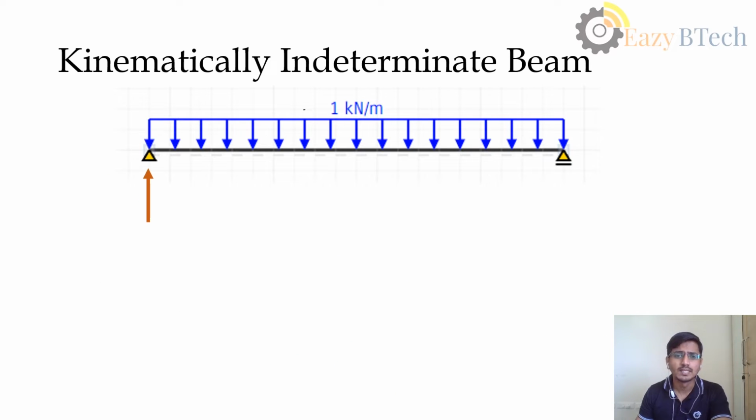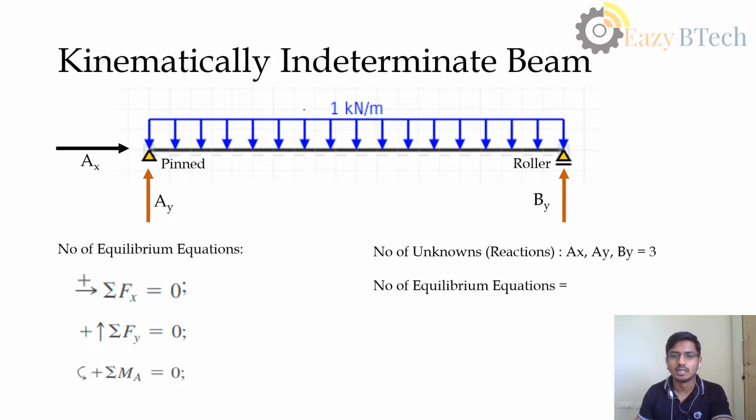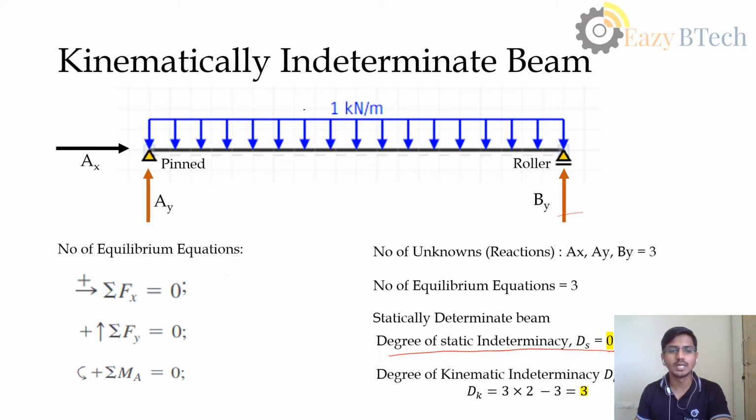Now let us take a simply supported beam, which is statically determinate. We have already seen the number of equilibrium equations is 3. This is the statically determinate beam because the degree of static indeterminacy we are getting is 0. The number of reactions is equal to the number of equilibrium equations, so it is very easy to find the reactions.